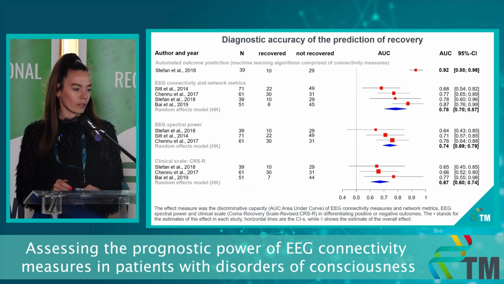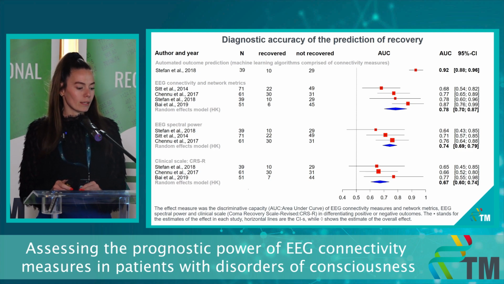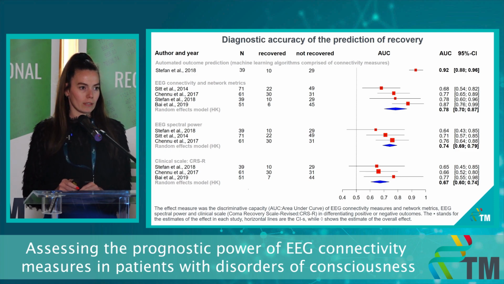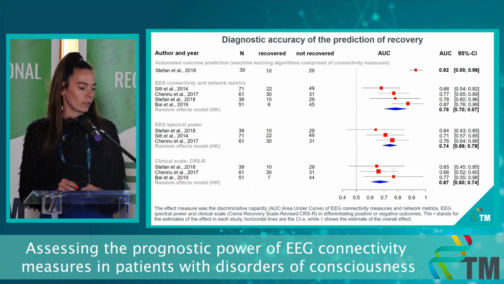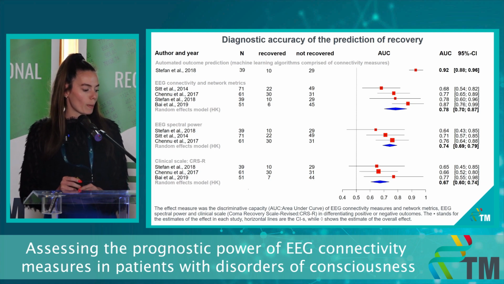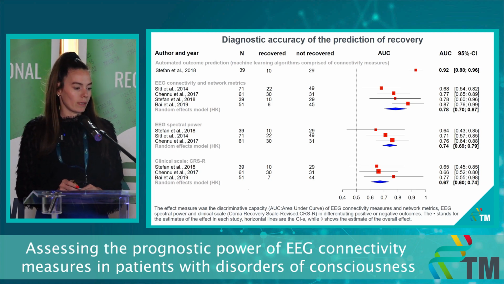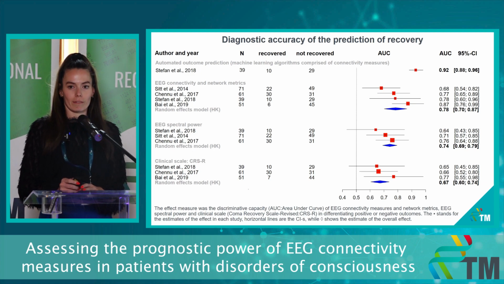It's the diagnostic accuracy of the prediction of recovery. In this plot, the 5 articles are included, and all articles included at least 2 of the following outcomes. The effect measure was the area under the curve, which is the discriminative capacity of a given measure. We have talked about it before.